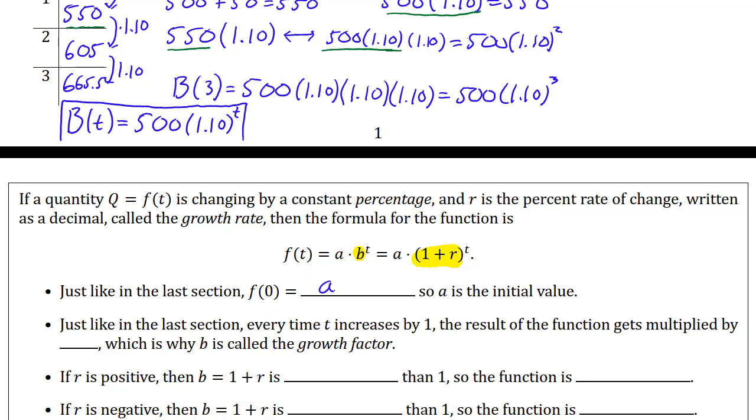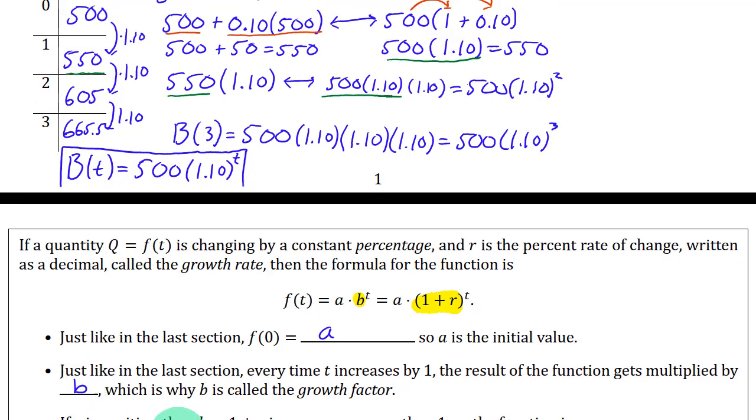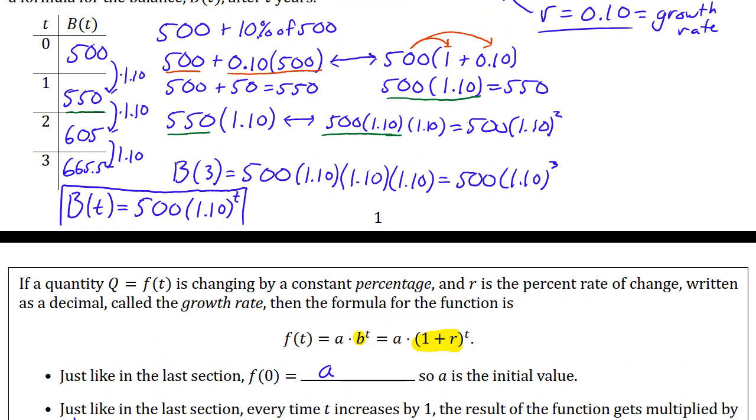So that a is called the initial value. And just like in the last section, every time t increases by 1, the result of the function gets multiplied by b, which is why b is called the growth factor. In this previous example, the growth factor is 1.10.